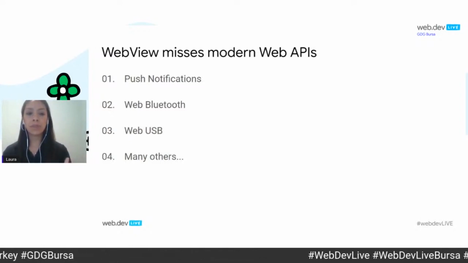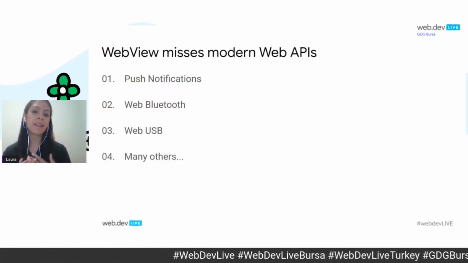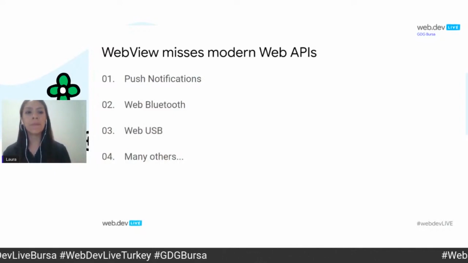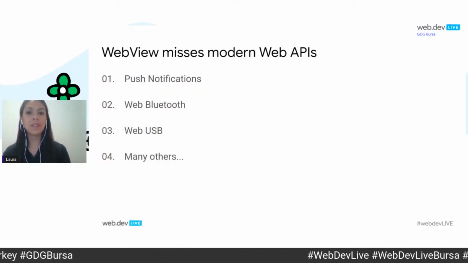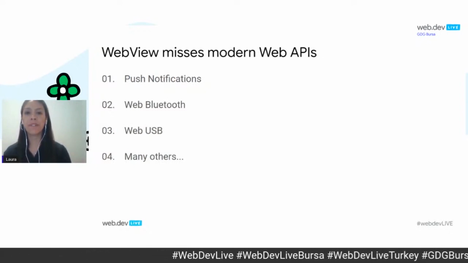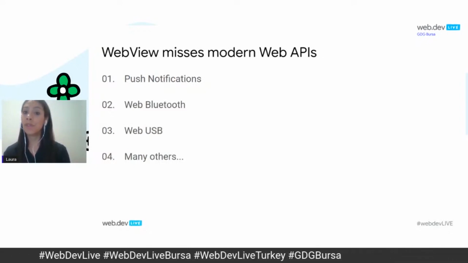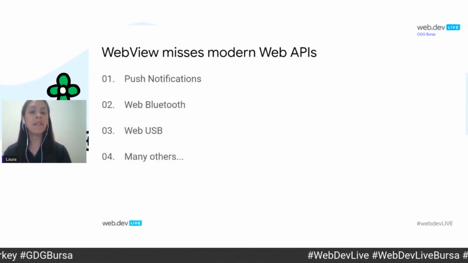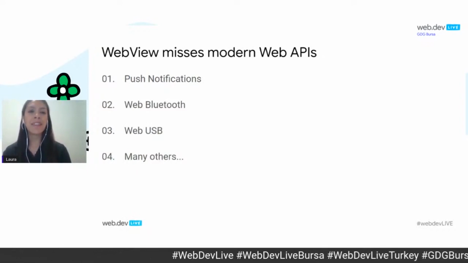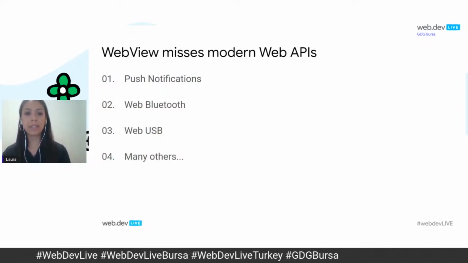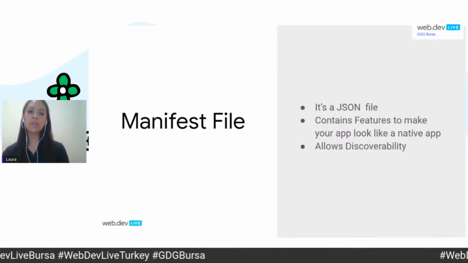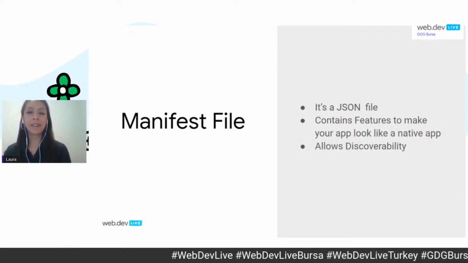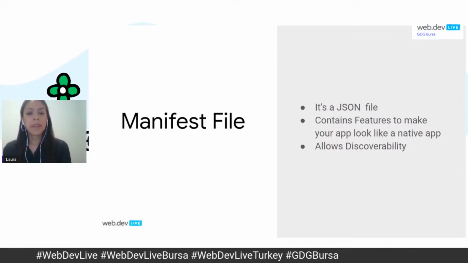I also want to share with you some cool projects around that you can use to build better PWAs and use any of these modern web APIs. That's the case of Fugu, for example. If you check Fugu, you will see that you have a lot of capabilities that you can use in your PWA. So I suggest taking a look at Google and seeing what's going on with modern web APIs.